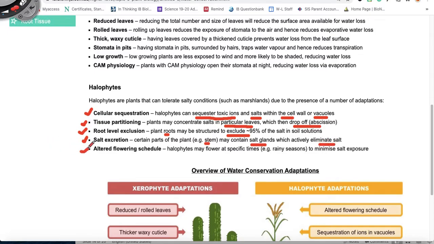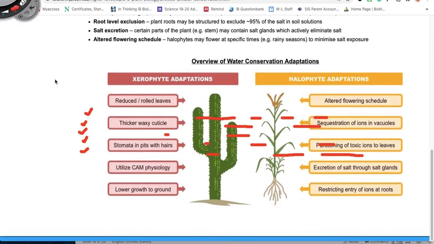And they have an altered flowering schedule. That means the plant will flower at specific times, usually during the rainy season, and that's going to help dilute the amount of salt in the environment and minimize the salt exposure to the plant.